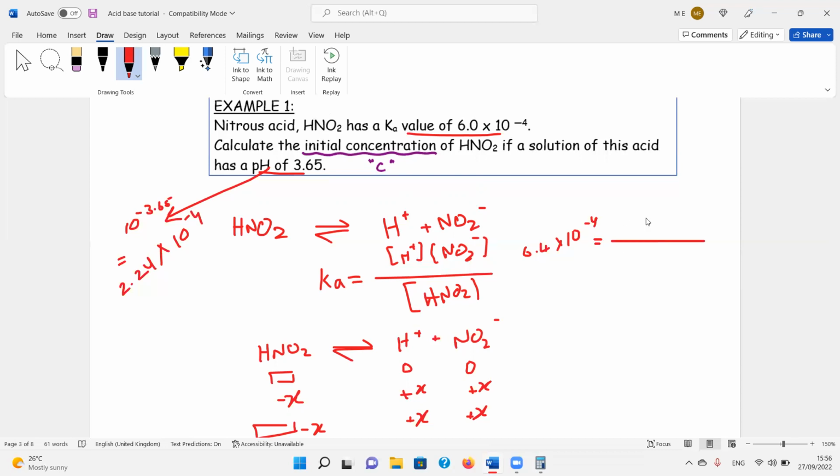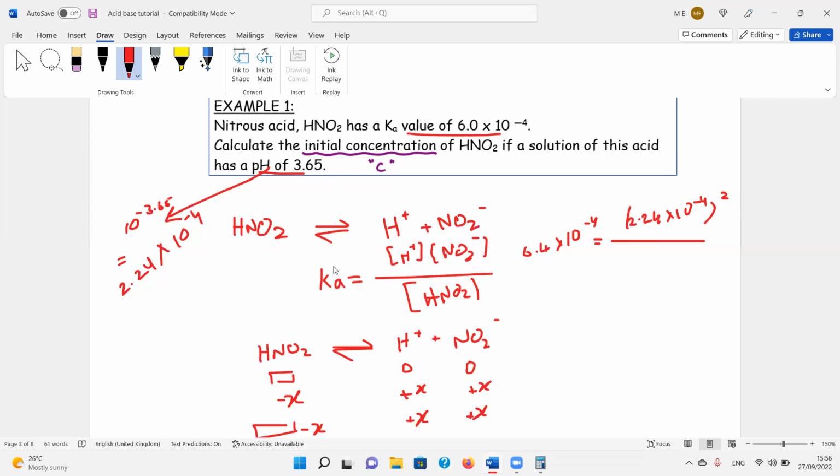Okay, so here you have 2.24 times 10 to the power of minus 4, and this is raised to the power 2. And then you've got the concentration when you want to apply in this, because you are using Ka.